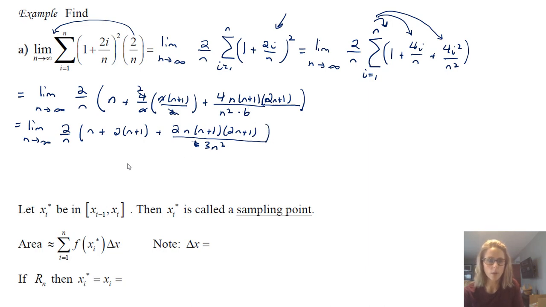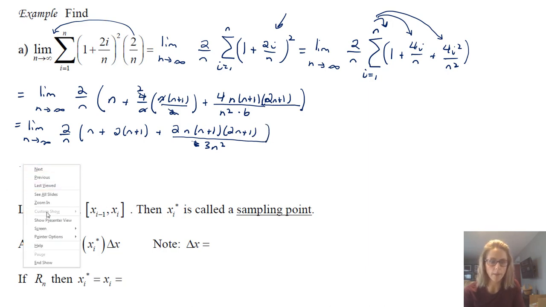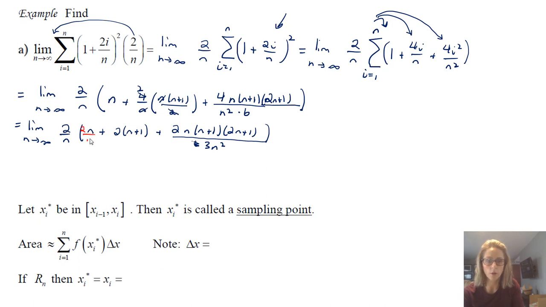Okay, so now what I want to show is what would happen if we distribute in that 2 over n, because we're about to take a limit. So if I distribute in the 2 over n, I'd have 2 over n, and I'd have 2 over n. So that's what would happen if I distributed. So that's gone now.